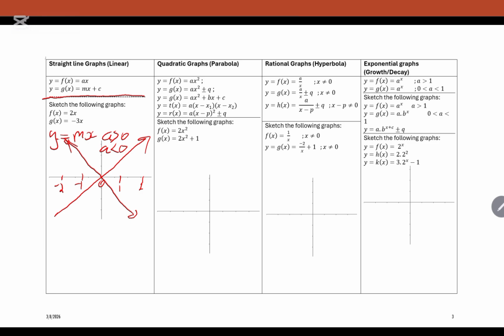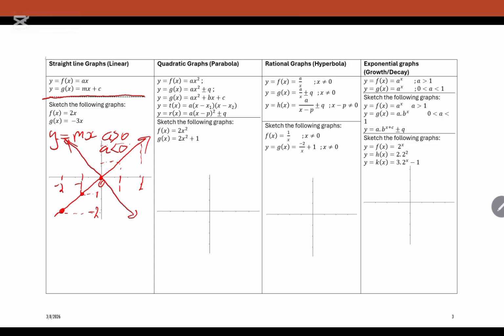Now, I'm going to start with the function here that has a positive gradient. When the value of x is -2, the value of y is -2. When x is -1, y is -1. When x is 0, y is 0. When x is 1, y is 1. When x is 2, y is 2.